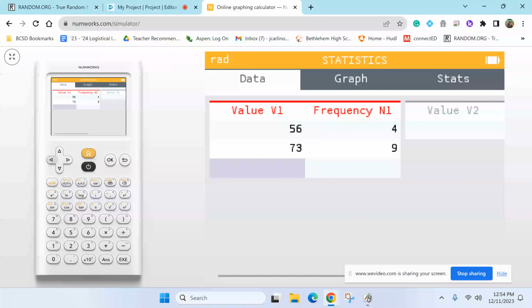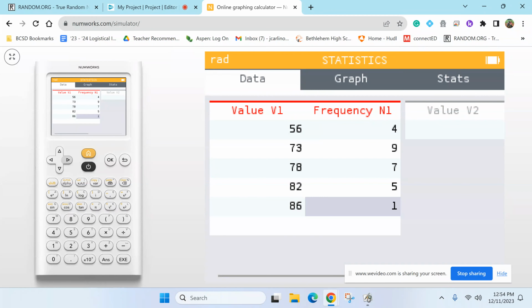So that's what you're typing in right now. How many times each occurs. Two occurs 5 times, and 86 occurs 5 times.